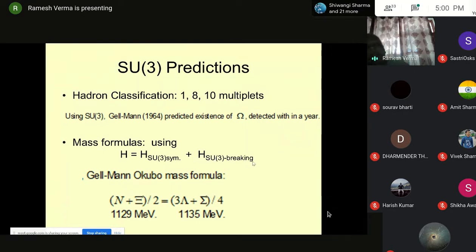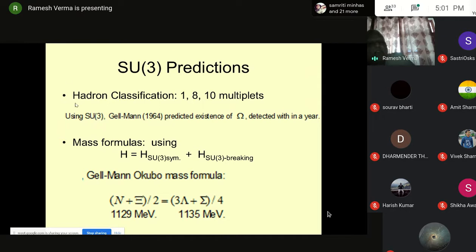This is getting a little technical at this point, but I can only say that SU3 breaking somehow behaves like a term which is proportional to lambda 8. With this kind of understanding, Gell-Mann, and Okubo at Rochester University, Gell-Mann at Caltech, could independently obtain a mass formula which relates the nucleon, xi, lambda and sigma masses in this particular way, and the agreement is quite reliable.